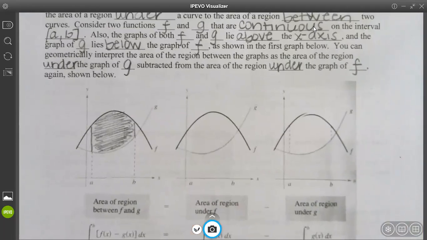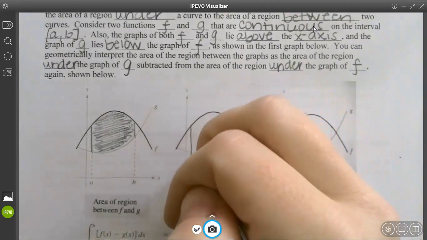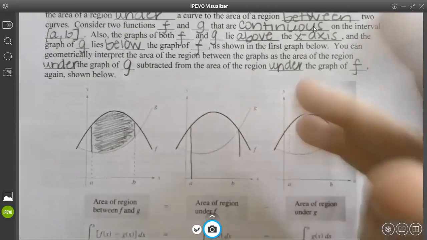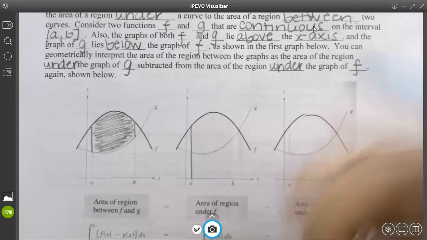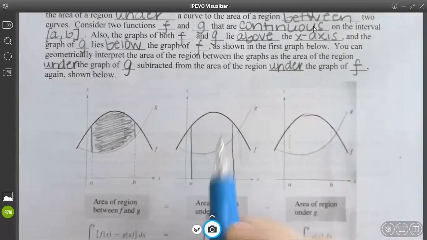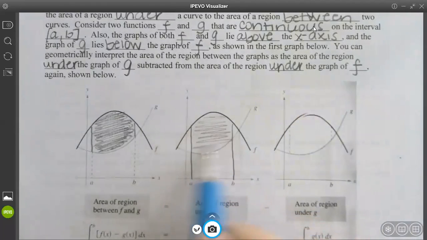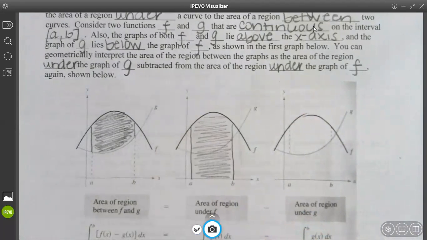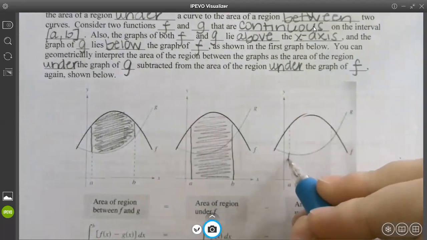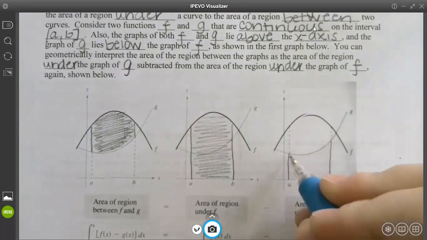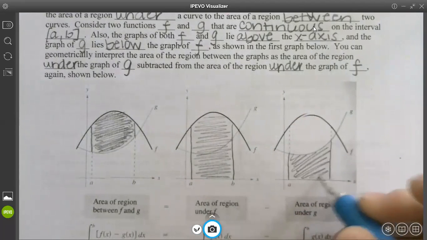This is the area under f, which would be all of this. And then the area under g would be this area.